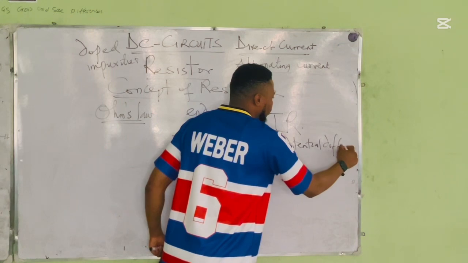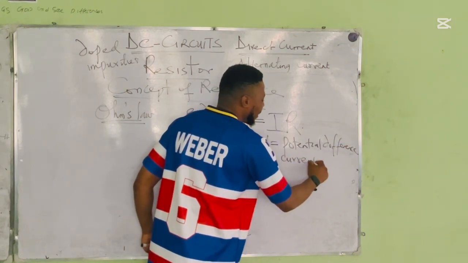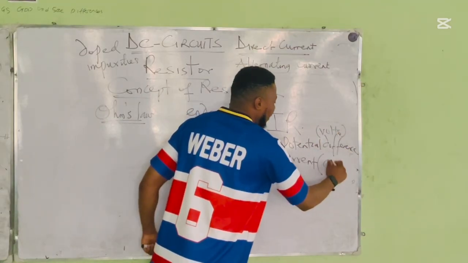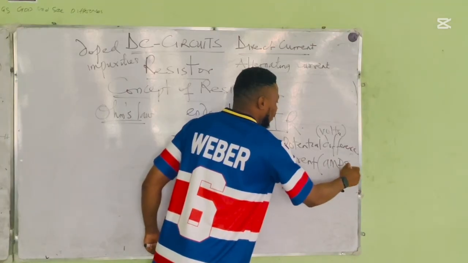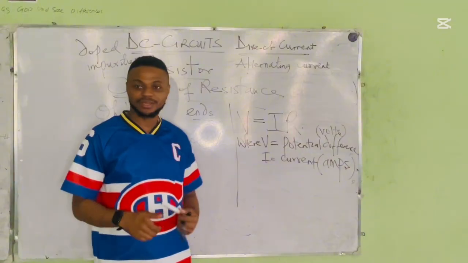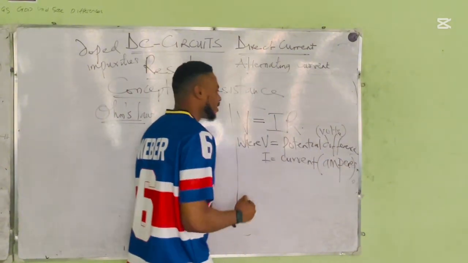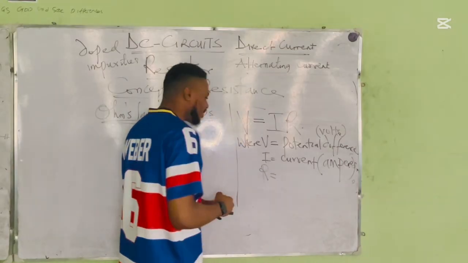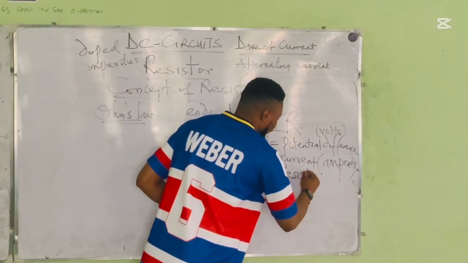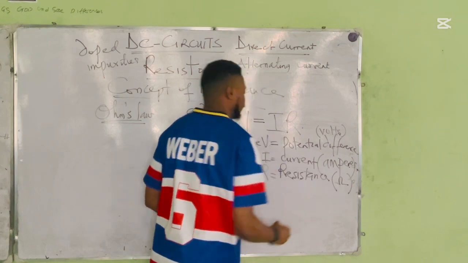So V is equal to IR, where V is the potential difference, in volts, I is the current, in amps, which we call amperes, and R is the resistance, in ohms.